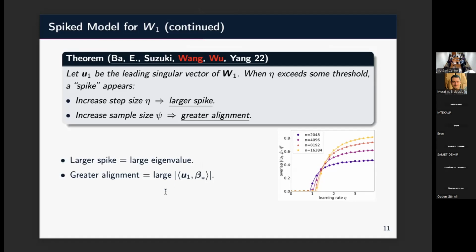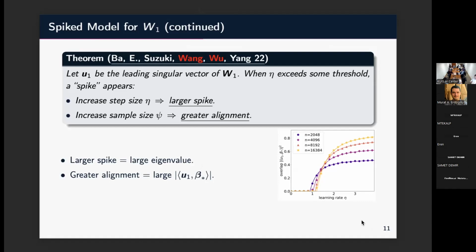The x-axis is the learning rate, eta, and the y-axis is the overlap between the eigenvector and the unknown beta star. If you look at this figure, if the learning rate is small, you see there is no overlap.